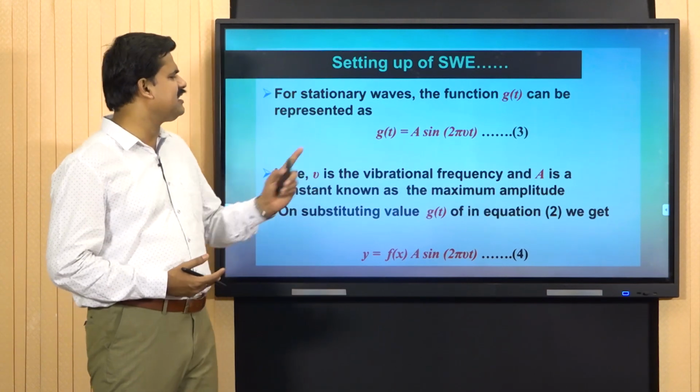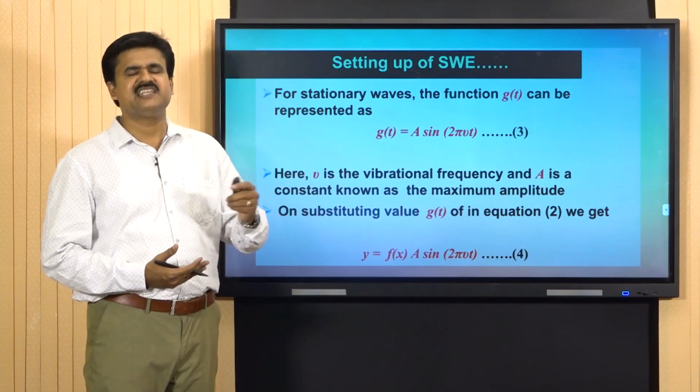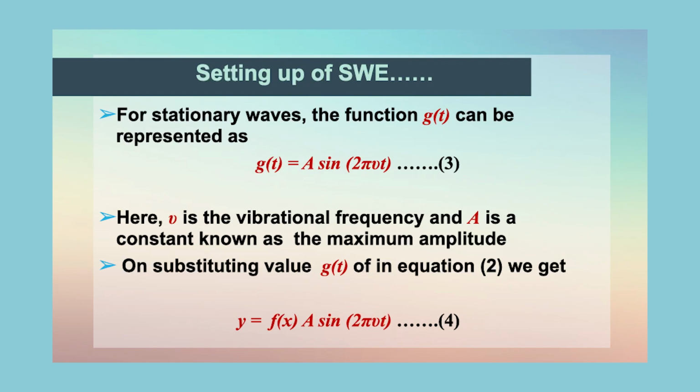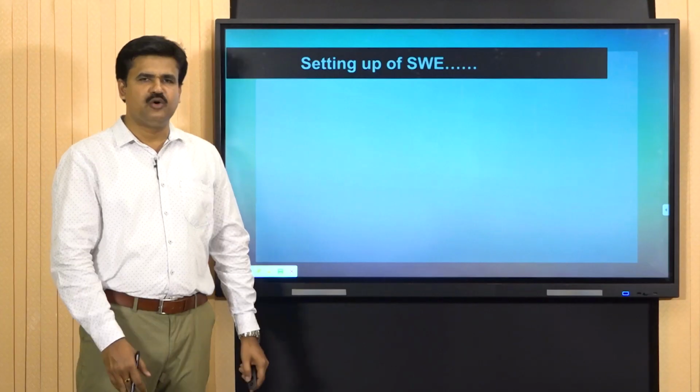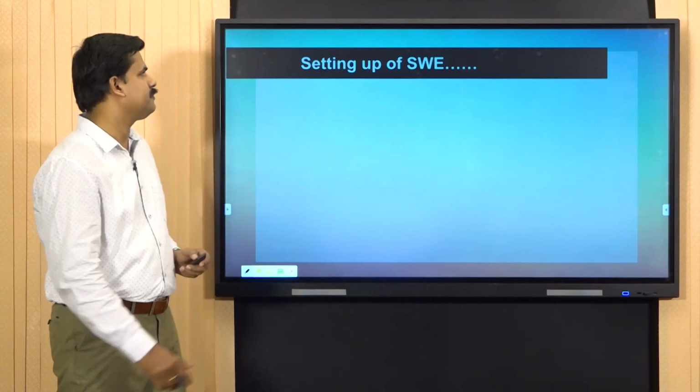On substituting the value of g of t in the previous equation, that is y is equal to f of x into g of t, we will get y equal to f of x into a sin 2 pi nu t. Now we can derive Schrodinger wave equation like this.